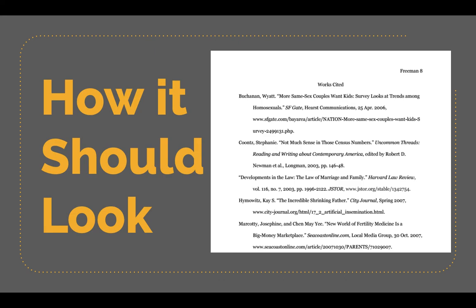Now, beyond this, you are responsible for looking this up and making sure that you're getting this right. There's lots of pre-made templates out there. There's lots of guides. Your book has information on how to format these things. Use your resources. Figure out how to do this correctly.